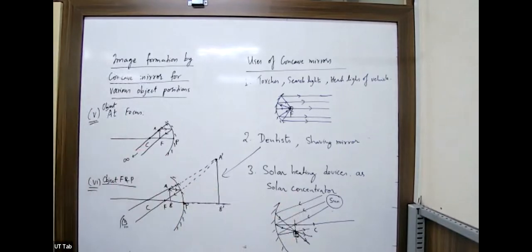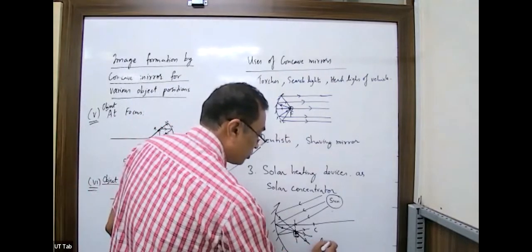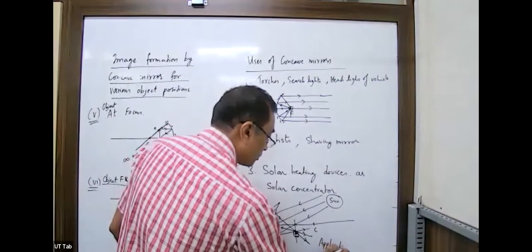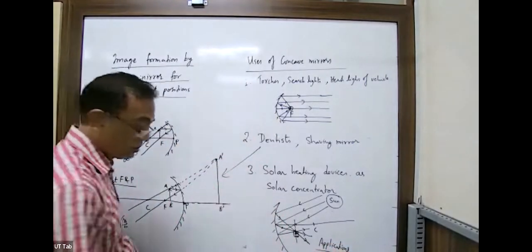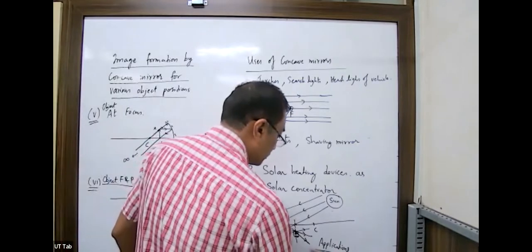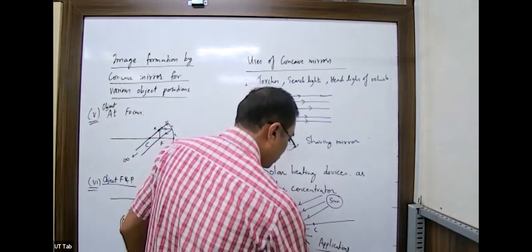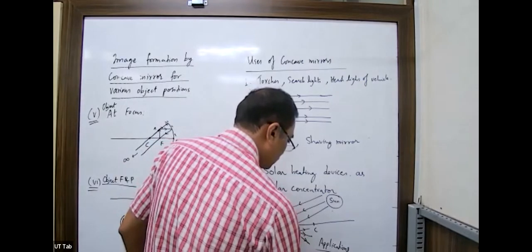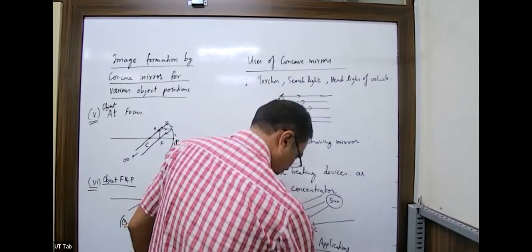So you can heat, you can have solar water heating like that. The application is your call. You can design a system. There could be many applications which can be built, like a solar water heater or cooking purposes.